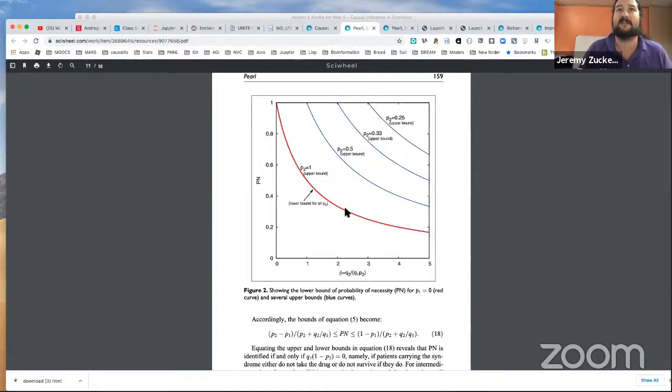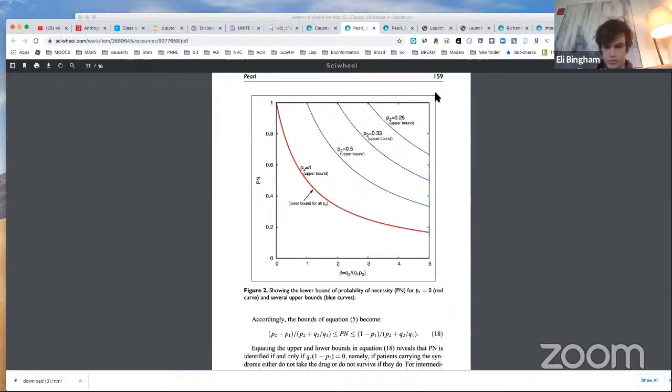And if you specifically change P2, then you get this kind of contour.